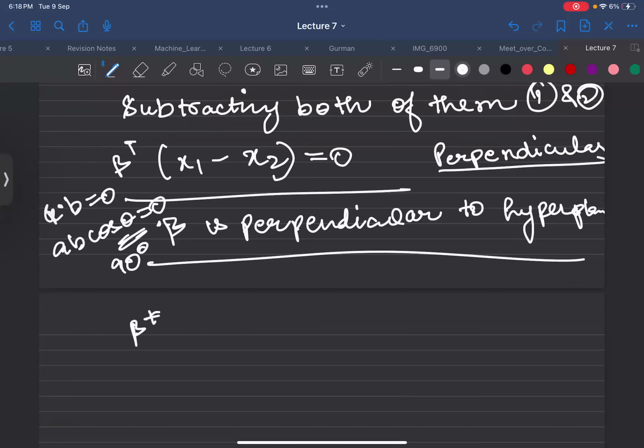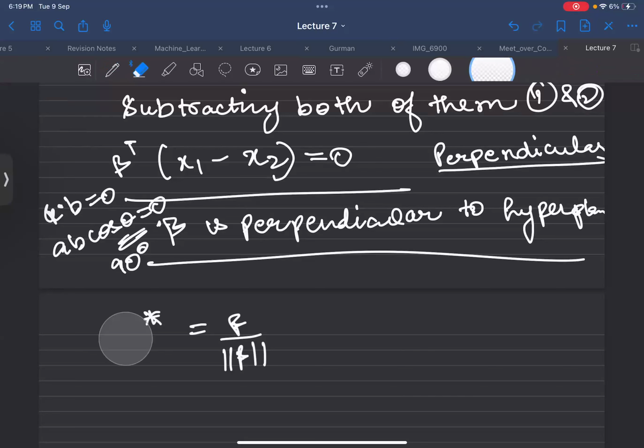Let's take it as beta star, a unit vector, and do the normalization.